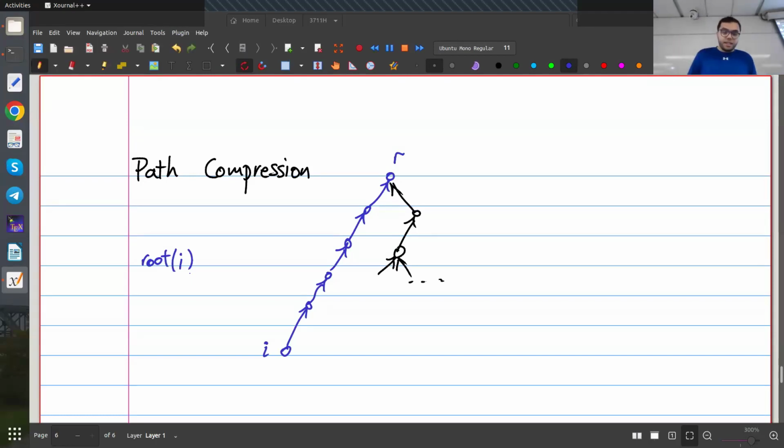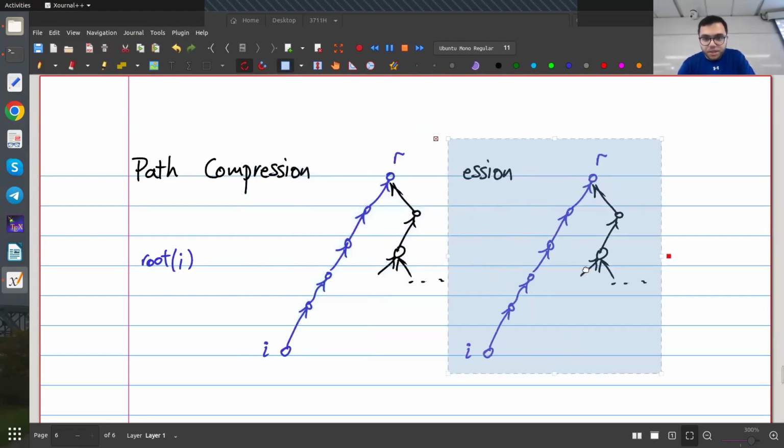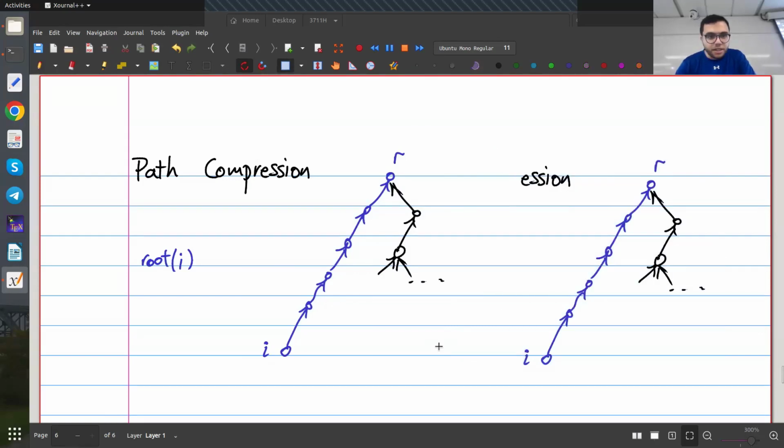But here's the thing. I don't care about the structure of this tree. I only care about the root. So when I go through this path, I can also compress it by saying that all of you are now directly connected to the root. So I take this and I want to change it, and this is how I change it.